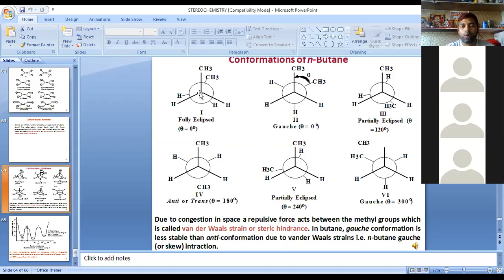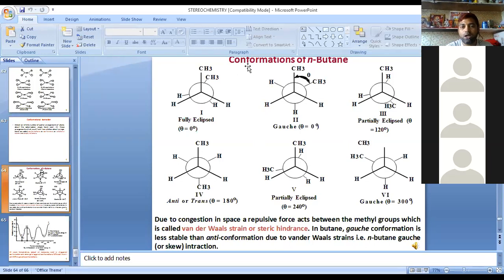And what happens in this case? The two carbon atoms are singly bonded. There is a single bond between two carbon atoms. So the rear carbon and the front carbon can easily be rotated. In conformational isomers, the atoms can easily be rotated across the two carbon atoms.